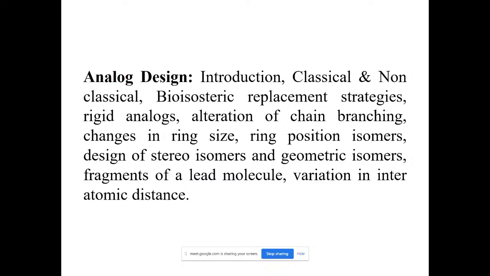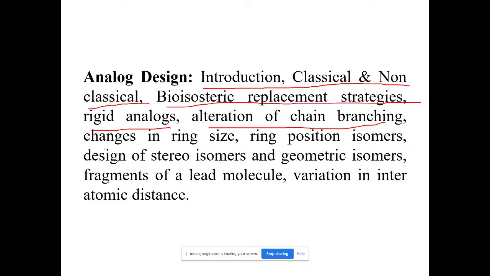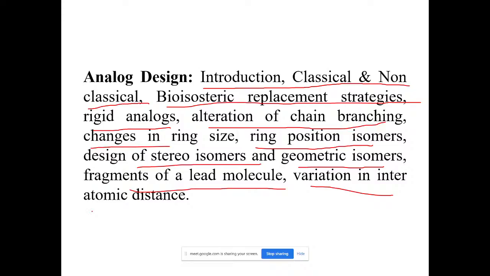The syllabus provided by RGHS says you should study the introduction, classical and non-classical analog design, which involves bio-isosteric replacement strategies, rigid analogs, alteration of chain branching, changes in ring size, ring position isomers, design of stereo isomers, geometric isomers, fragments of a lead molecule, and variation in interatomic distance.